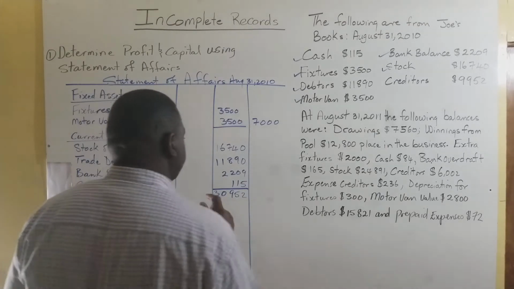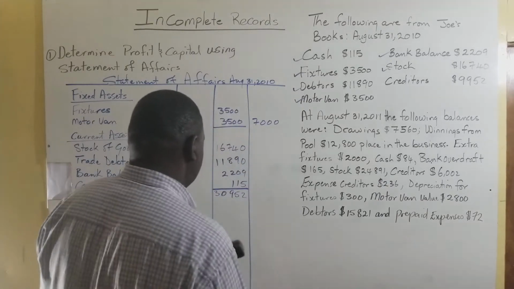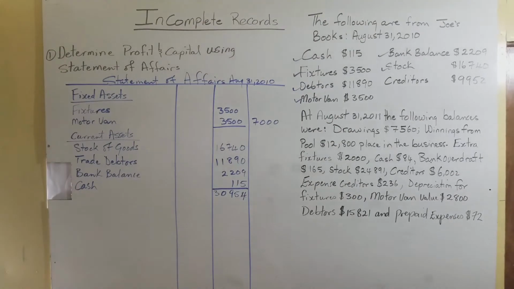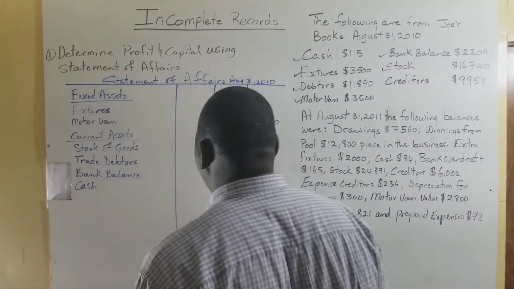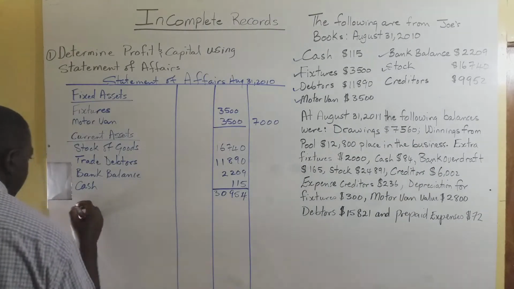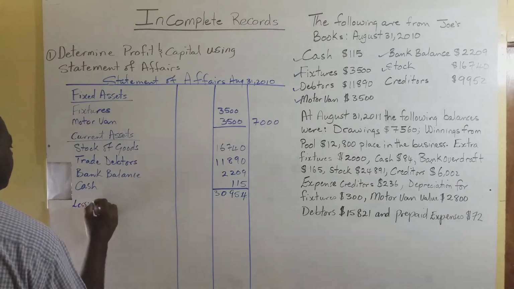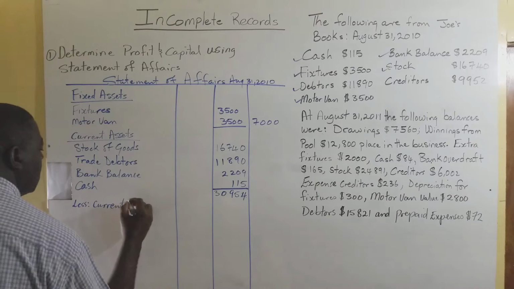All right, so let us double check that, please. All right, so in fact it is 30,952. Now let's subtract our current liability.